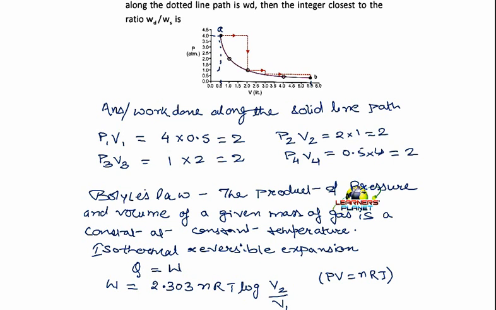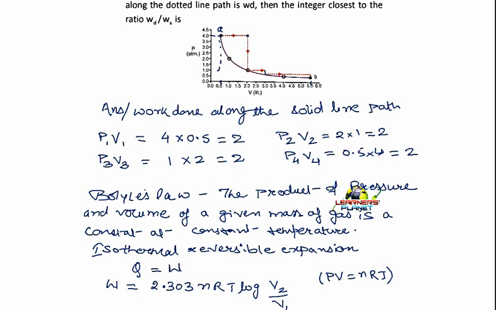Now the dashed line, if I consider, see from here till here, there is change in the volume, right? In the vertical line, there is no change in the volume. Again, see, this is a change in the volume. This is again no change in the volume. This is again a change in the volume.